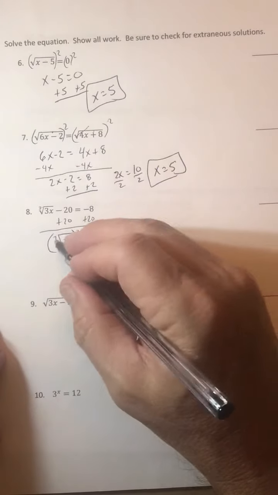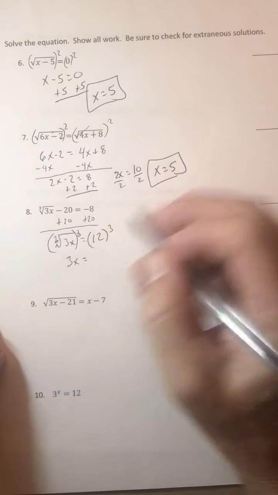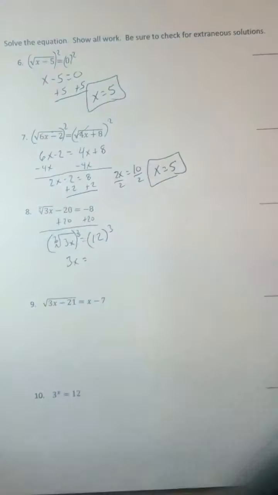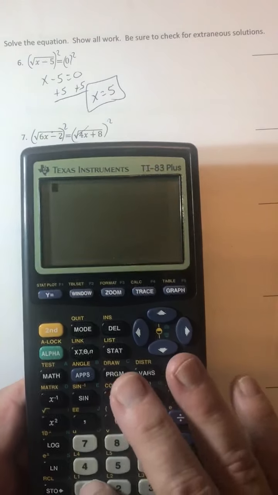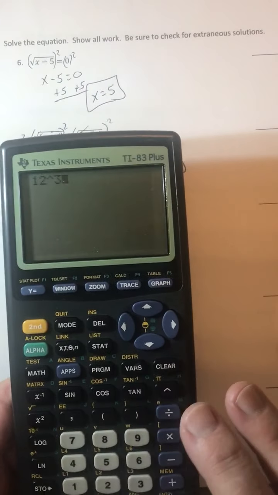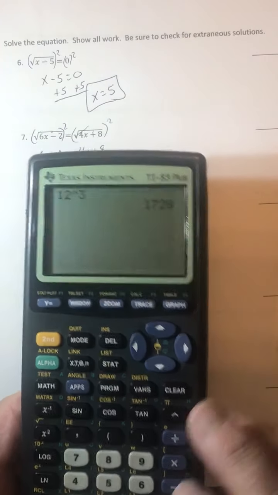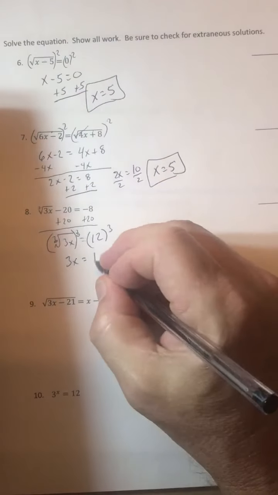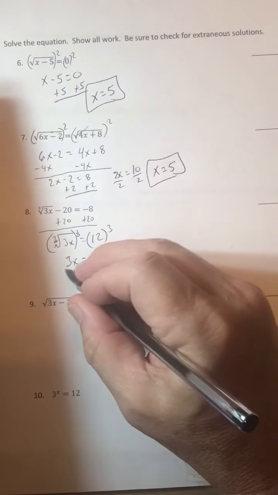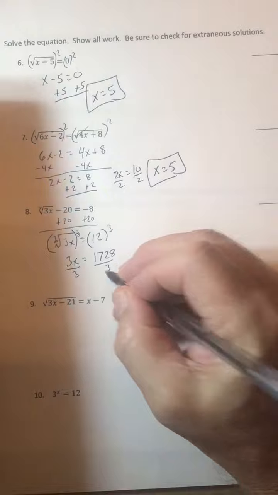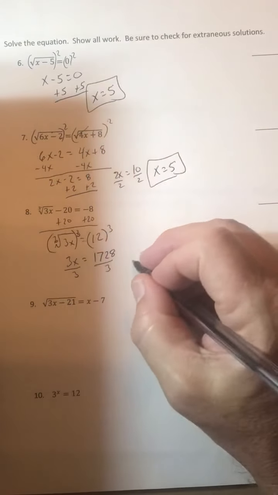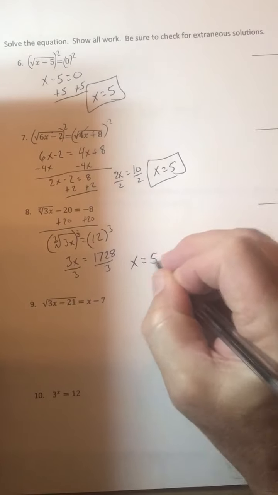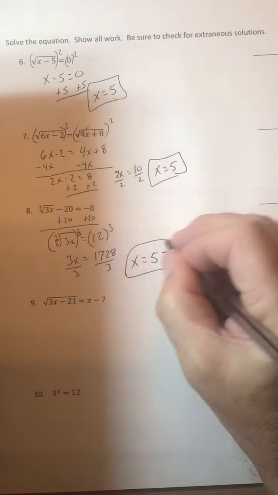So it gives us, these cancel out, leaves us with 3x equals 12 cubed. And pull out the calculator, and 12 cubed gives us 1728. And then divide by 3, and we get x equals 576.